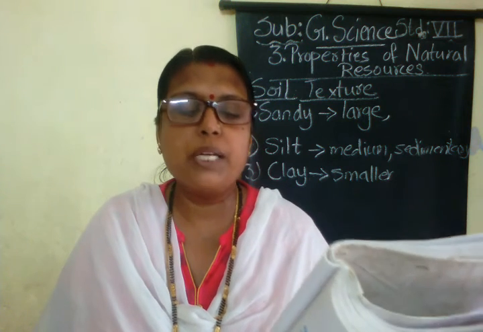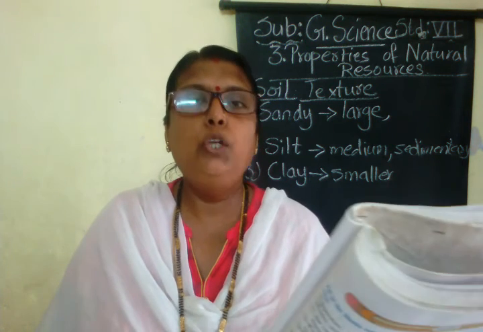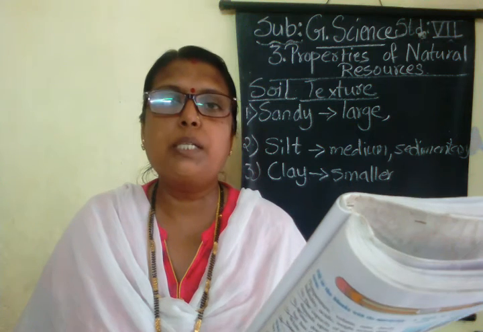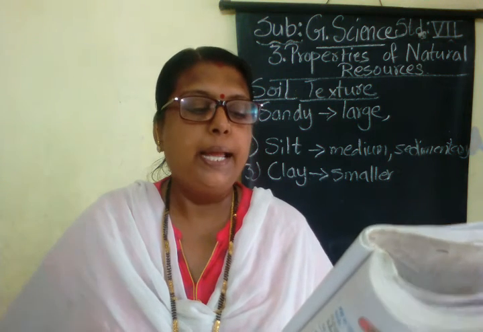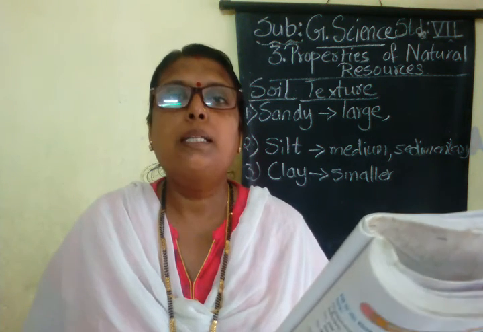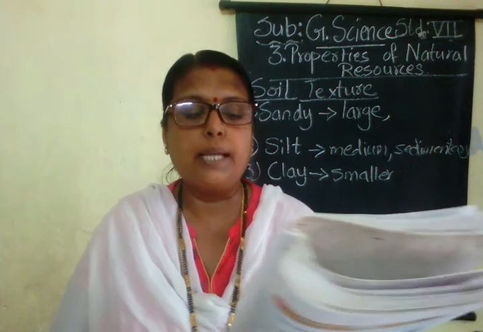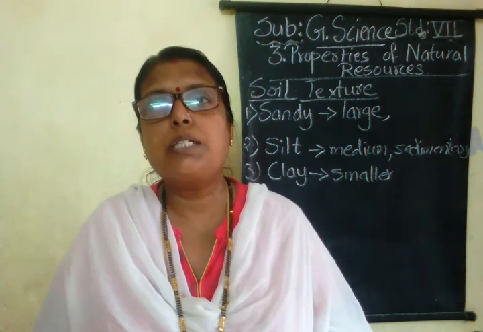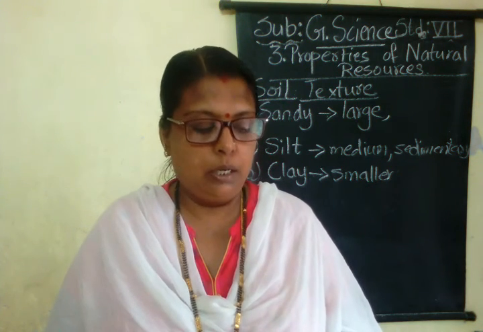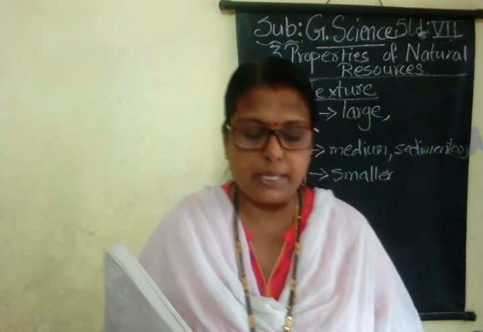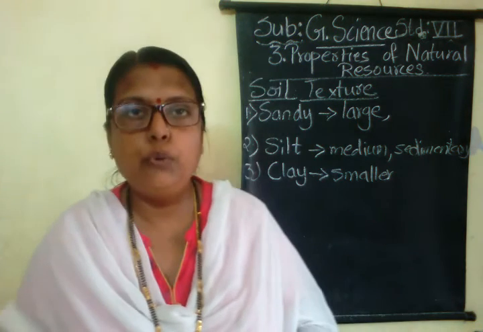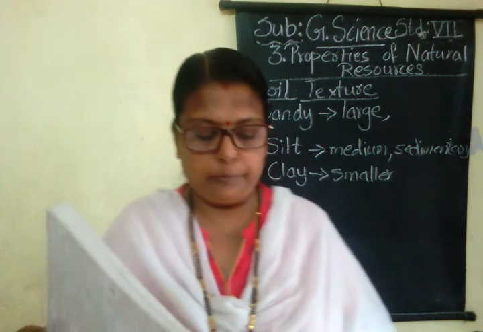Acidic soil whose pH is less than 6.5, neutral soil whose pH is 6.5 to 7.5, and alkaline soil whose pH value is higher than 7.5. The soil is differentiated into these three types: acidic, neutral and alkaline.